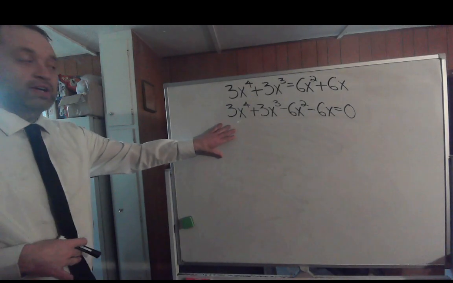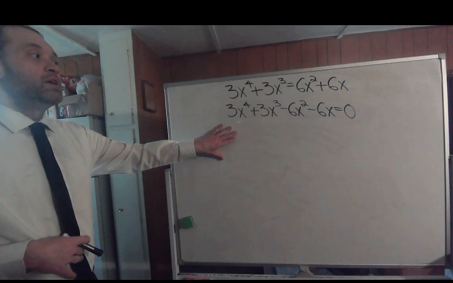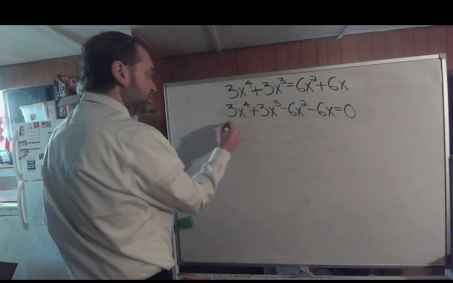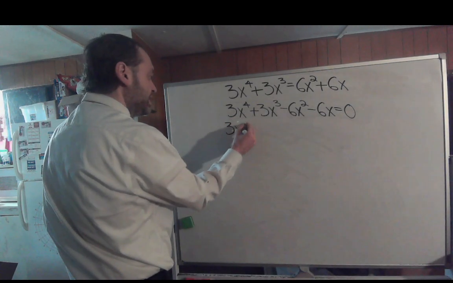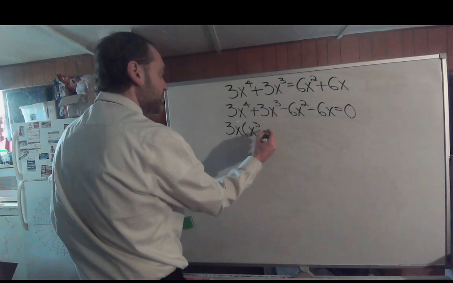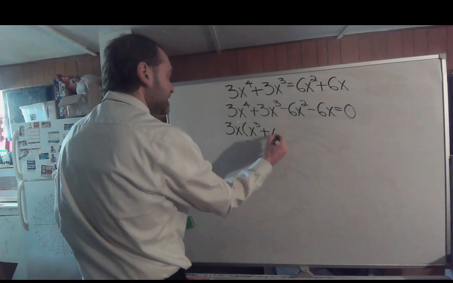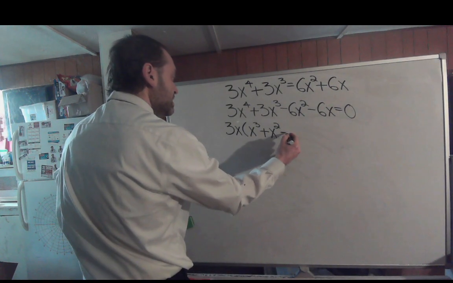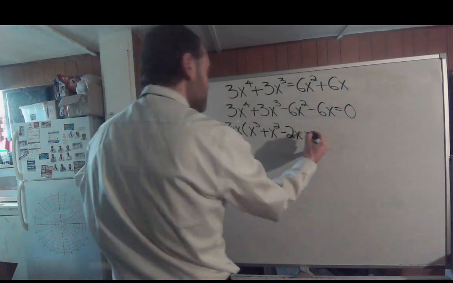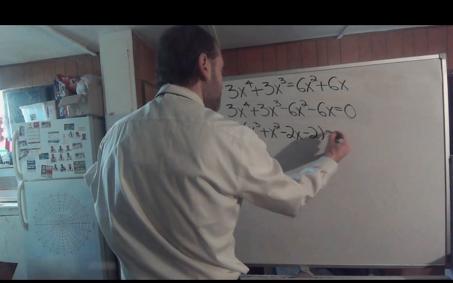What do they have in common? They have a common 3x, right? You can factor out a common 3x, so that would give you 3x times the quantity of x to the third plus x to the second minus 2x minus 2, all that equal to 0.